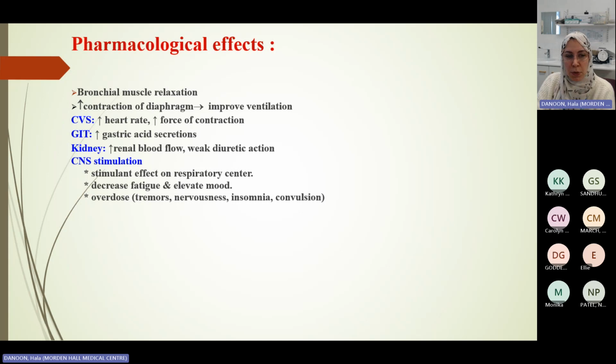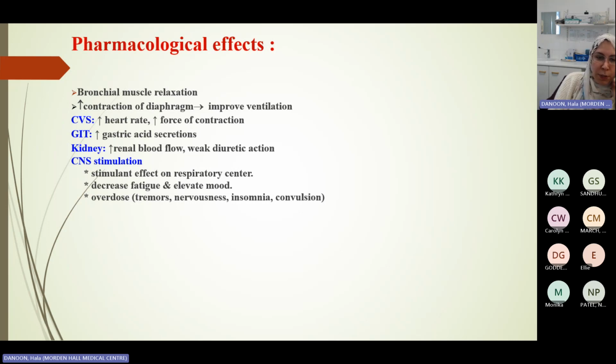It increases renal blood flow to the kidneys, so it's a weak diuretic action, just like we said with the beta agonists. It also causes central nervous stimulation, and that will increase the stimulation of the respiratory center, decrease fatigue and elevate mood. Overdose can cause tremors, nervousness, insomnia, and convulsions.